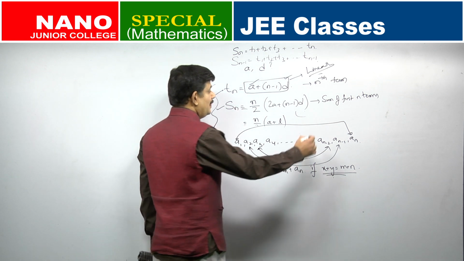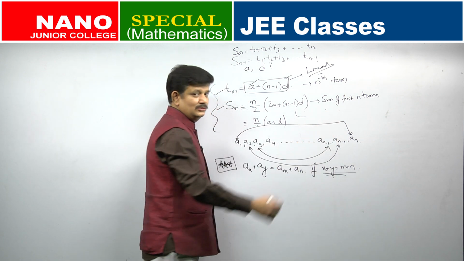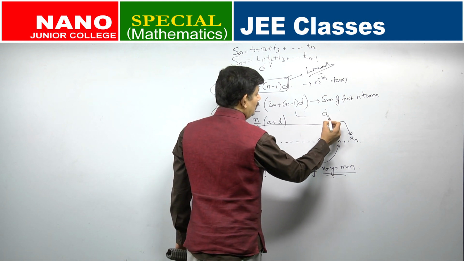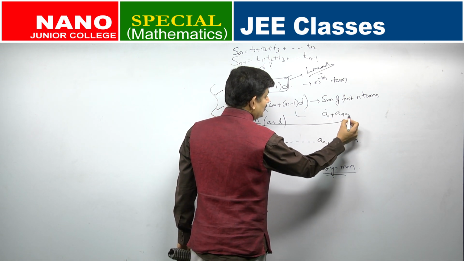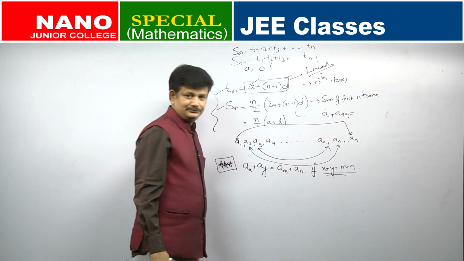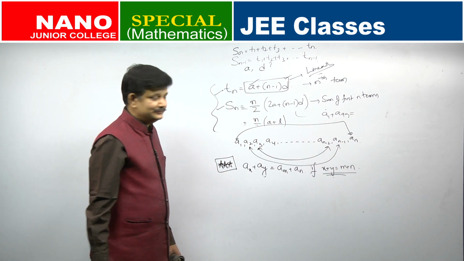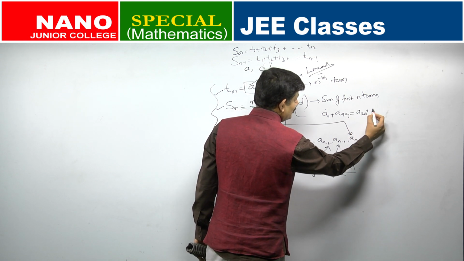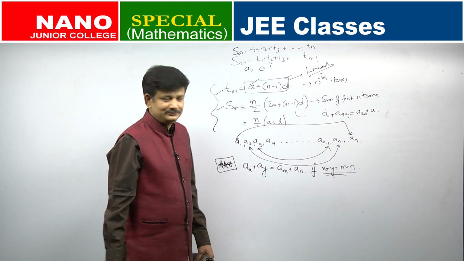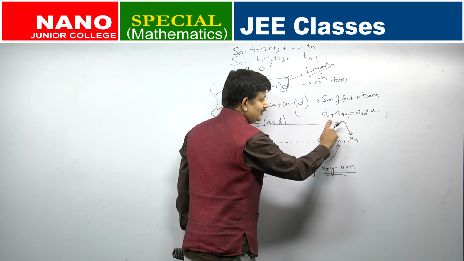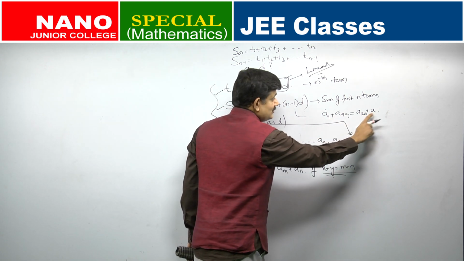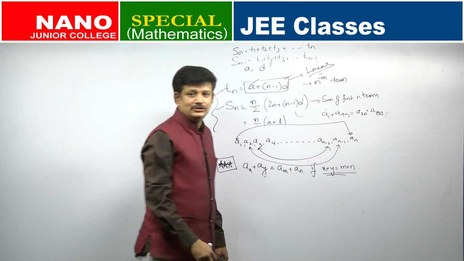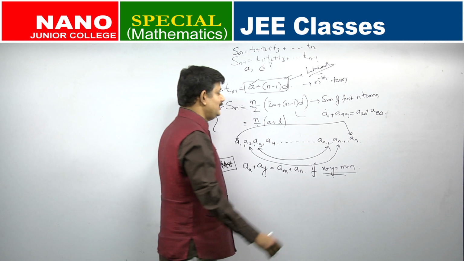For example, let us say A1, A2, A3 and so on up to A100 are in arithmetic progression. A1 plus A99, what is this sum? The sum of the subscripts is 100, right? I can say it will be equal to A20 plus how much? This sum is 100, so this sum should also be 100. So this should be A80. It will be equal to A20 plus A80.